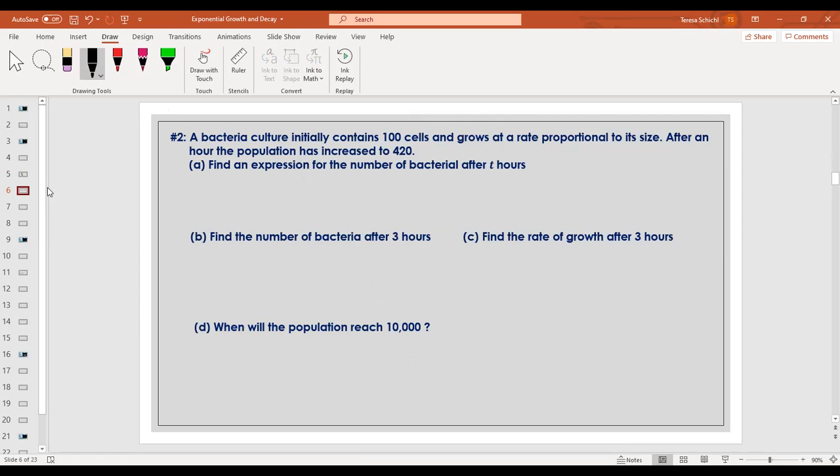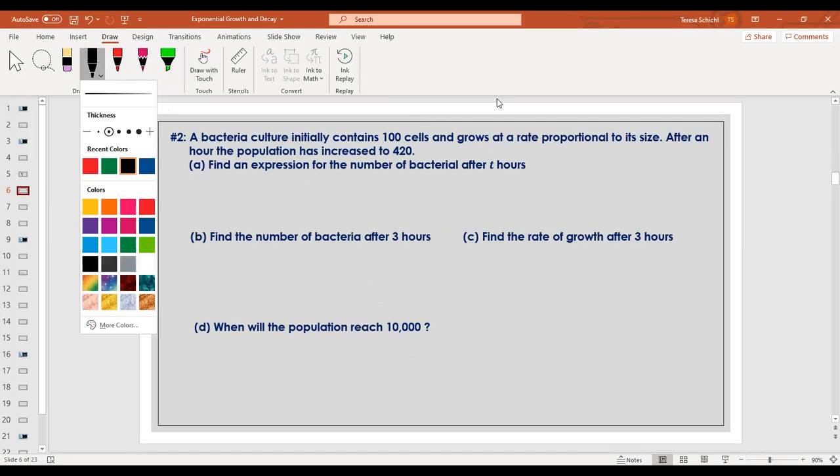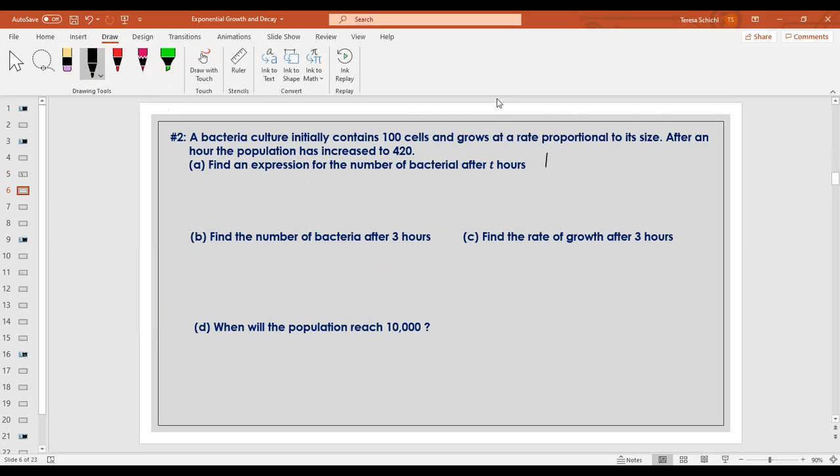For the second problem, they tell you a bacterial culture initially has 100 cells and grows at an exponential rate proportional to its size. After an hour, the population has increased to 420. First, let's write all this information. The formula we have is P(t) is equal to P0 e to the kt.